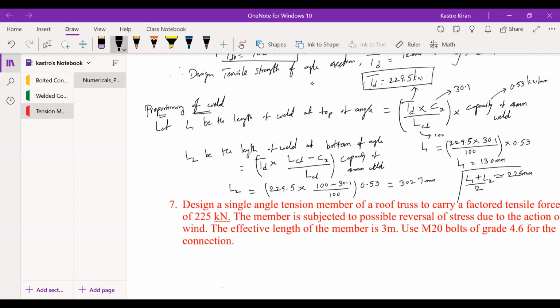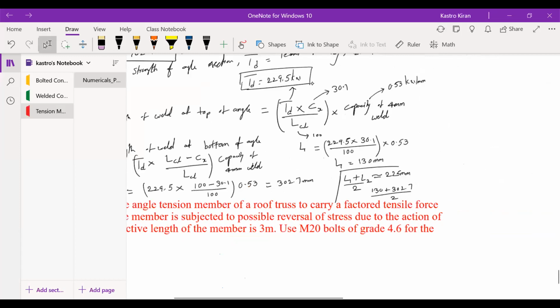You have L1 as 130 and L2 as 302.7, divided by 2. If you take the average of these two values, it may not be exactly equal, but it will be almost equal to the average length of weld provided in the question. So that's how you should solve for the welded connection.